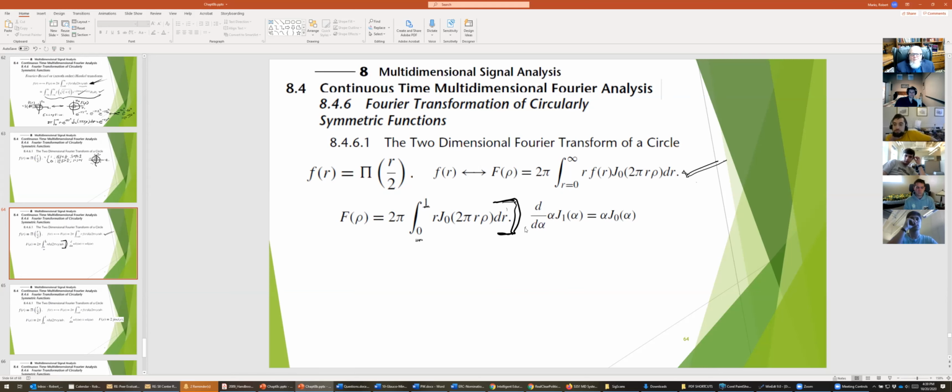Well, here's another one of those identities of the Bessel function, and this means that the integral of alpha J naught of alpha, if we do an antiderivative, is equal to alpha J1 of alpha plus a constant, right?